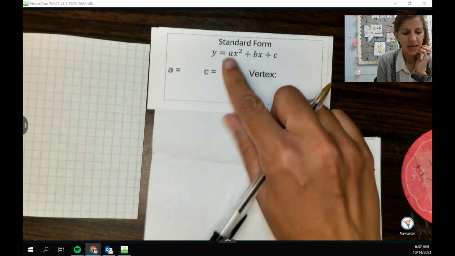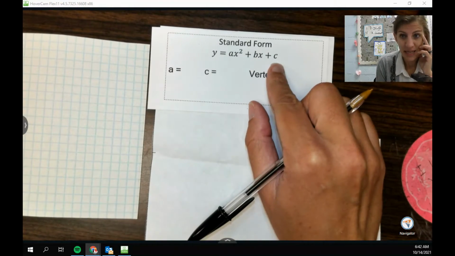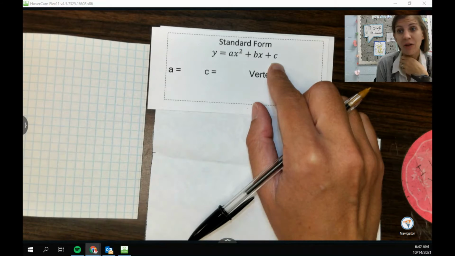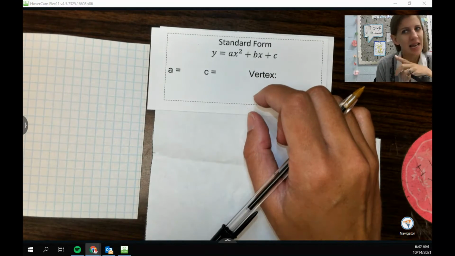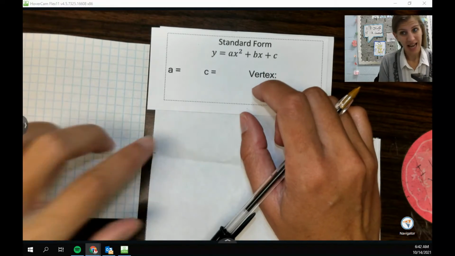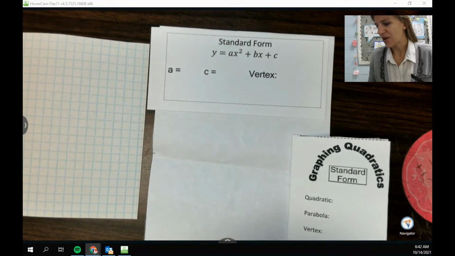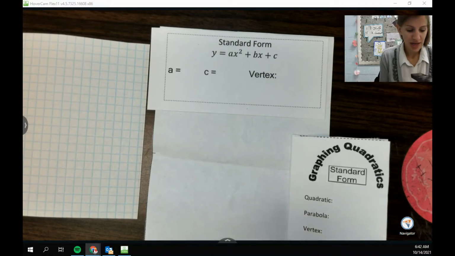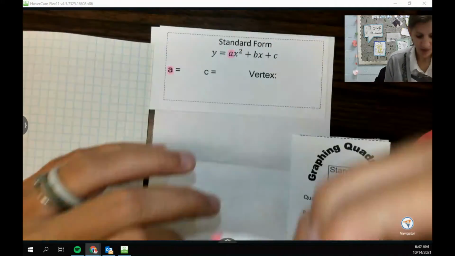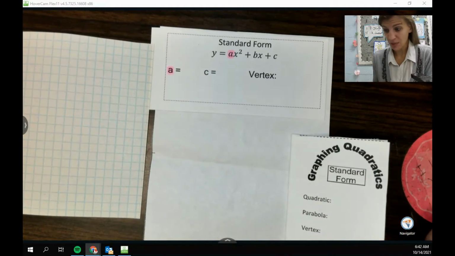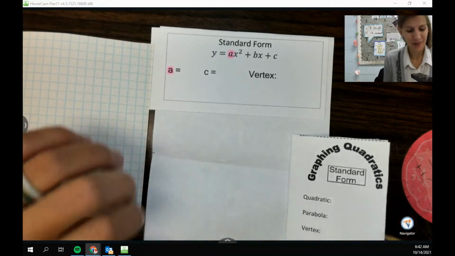So when we are in standard form, A, B, and C all tell me something about my graph, but they're not all the same as A, H, and K. One of them is the same, and that's A. So yesterday, when we were talking about the A value in vertex form, that was slope, still slope, okay?